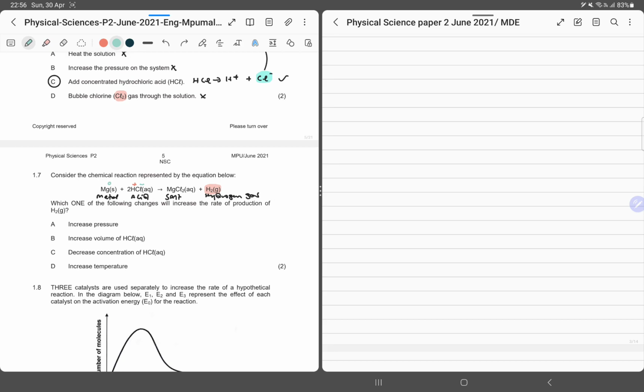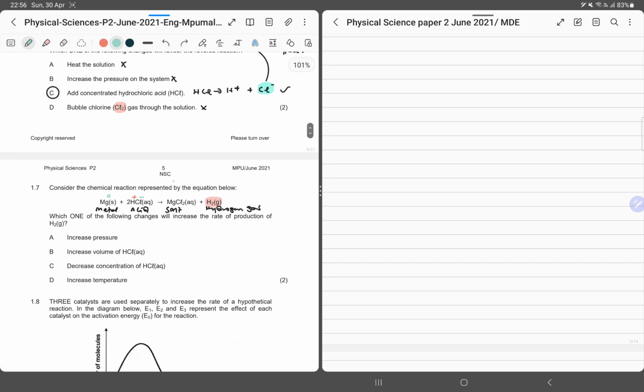But now, what is the state of magnesium on the other end? Magnesium here has acquired a 2 plus because chlorine is doubled and we know that it is a minus, so there's a 2 minus here for the chlorine to balance that out. So can you see the oxidation state of magnesium is increasing from left to right? But what about chlorine? Chlorine remains a 2 minus. So chlorine is a spectator ion here.